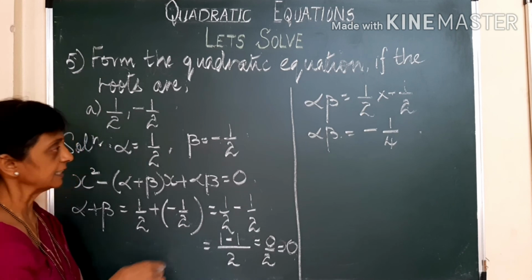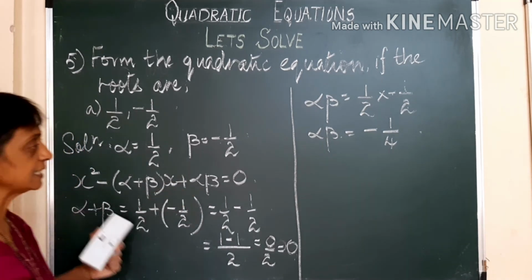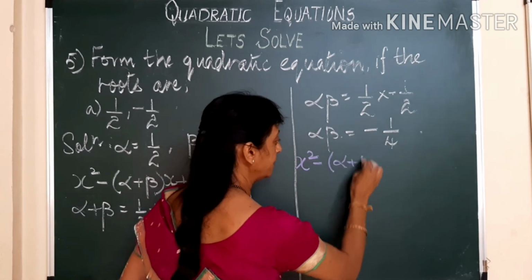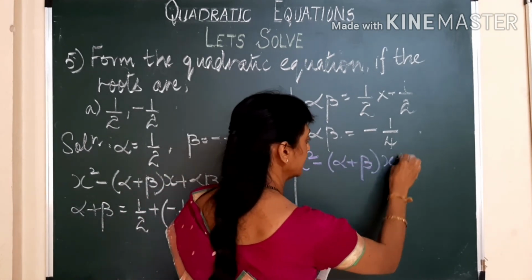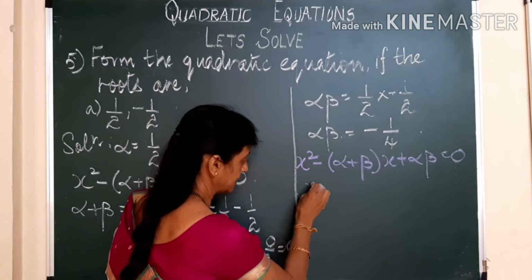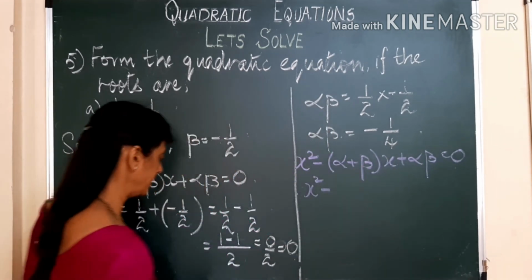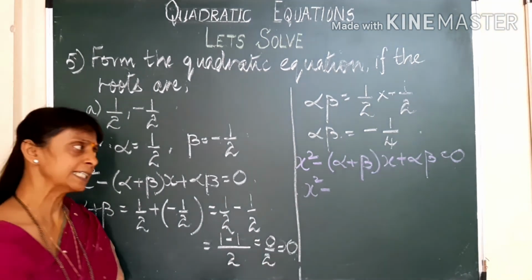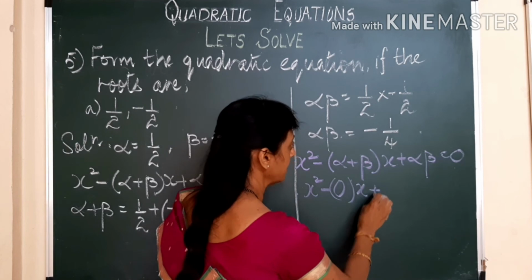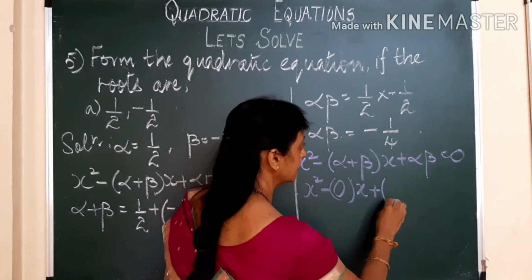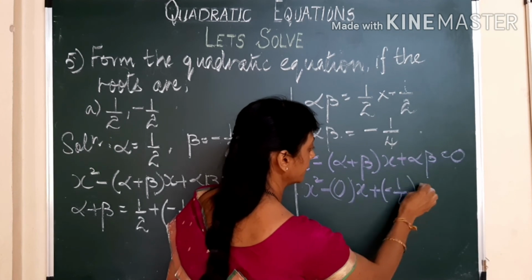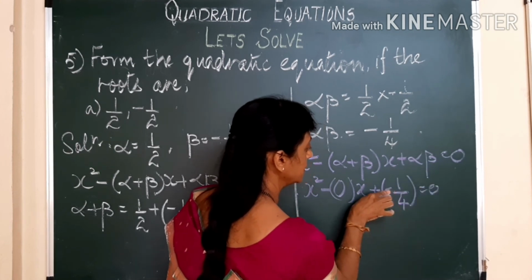Now you can write the equation, that is x squared minus (alpha plus beta) into x plus alpha beta, which is equal to 0. Thus x squared minus, what is alpha plus beta, children? We got it as 0. Let's put it as 0 into x plus, what is alpha beta? Minus 1 upon 4, which is equal to 0.